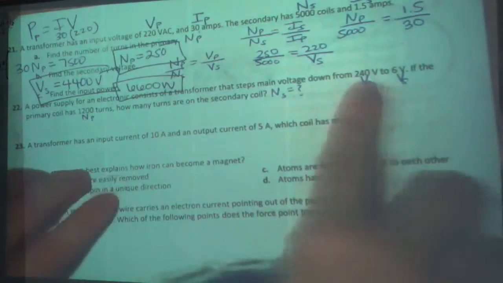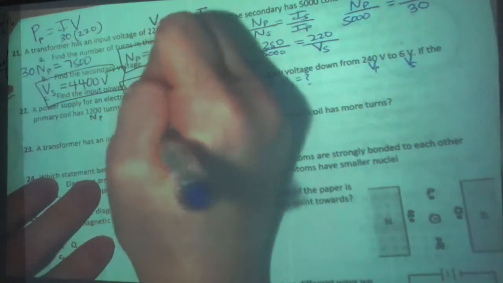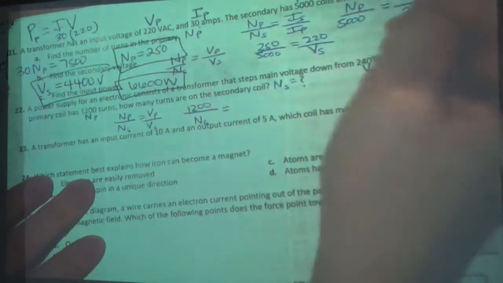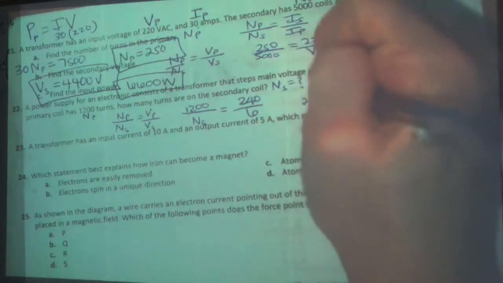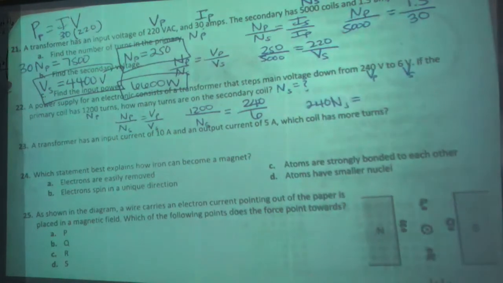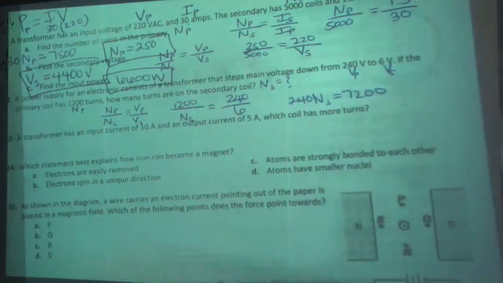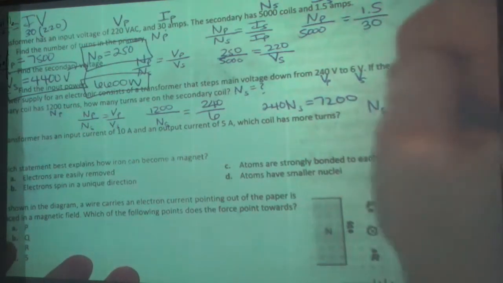So I'm comparing voltages and number of coils, so NP over NS equals VP over VS. NP is 1,200 over NS, what we're looking for, equals VP, which is 240, over 6. So now we cross multiply, so 240 NS equals 1,200 times 6, which is 7,200, and we divide the 240 over, and that gives me the secondary number is 30.